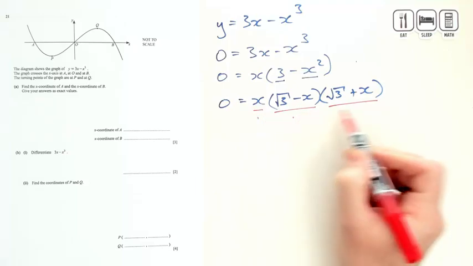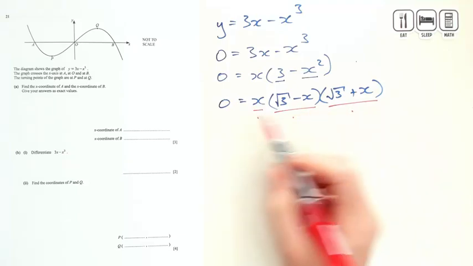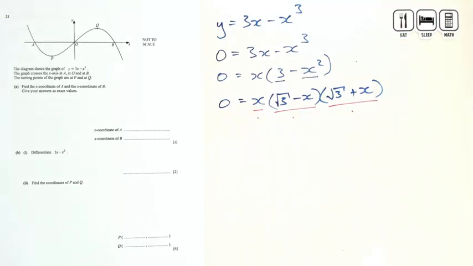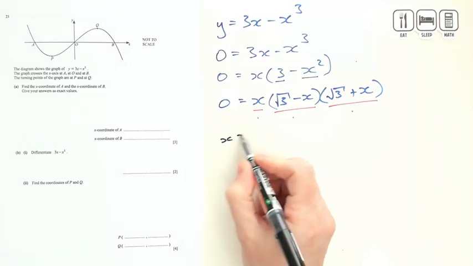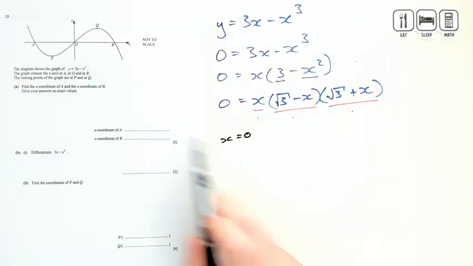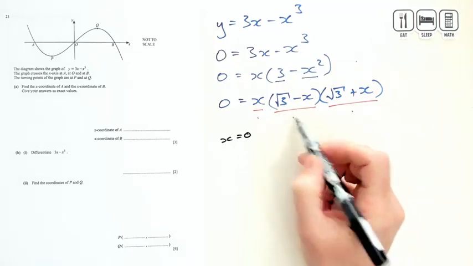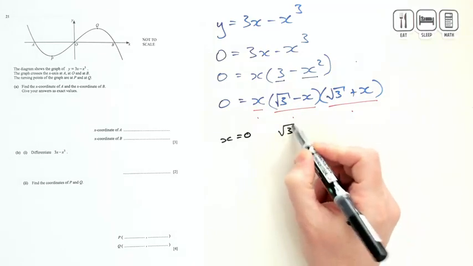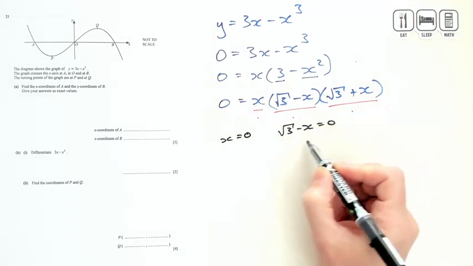So basically 1, 2, 3 things multiplied with each other, giving me 0. So it means either this x is 0, which makes sense because that's the origin over there. And then I can have the square root of 3 minus x is equal to 0.